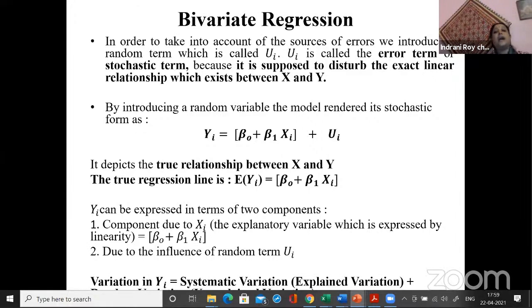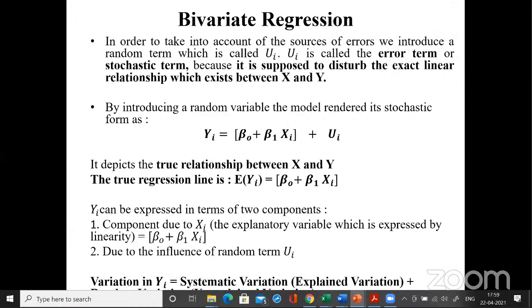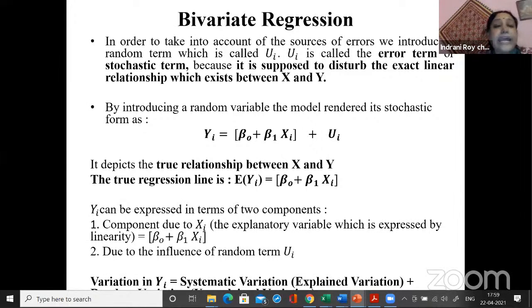Okay, like the earnings and the years of education. So you are interested to know how the earnings are influenced by the years of education, but you are also interested to see whether there are any discrepancies or discriminations in the labor market due to gender.